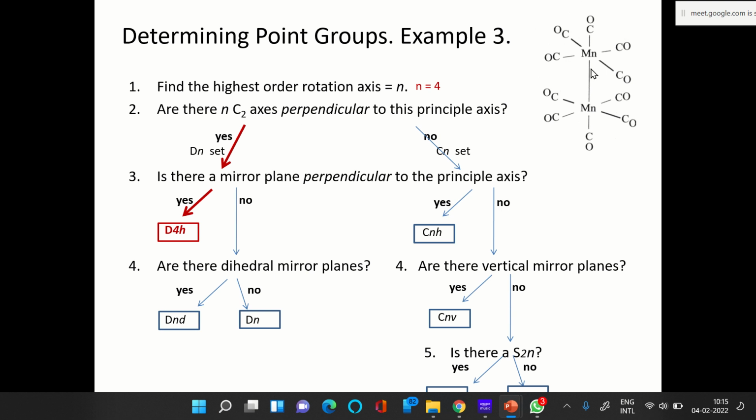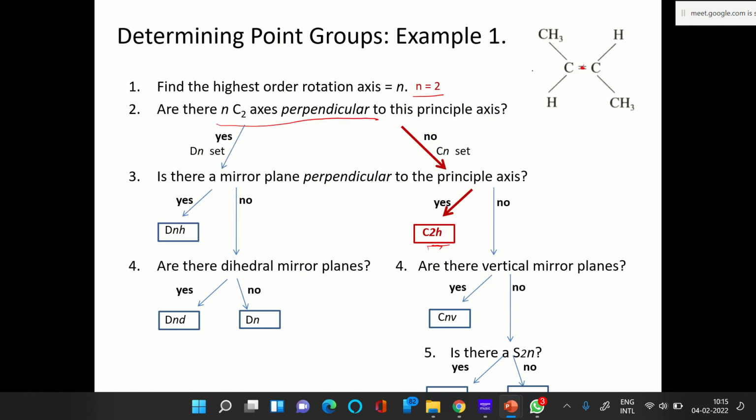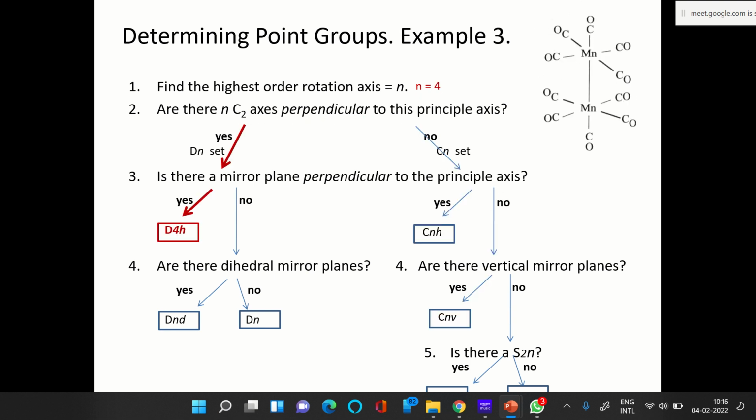Similarly, take this molecule. The previous case was C2. This was the eclipsed configuration that we were talking about of manganese, Mn2(CO)10. There is a metal bond you can see here, the Mn bond.